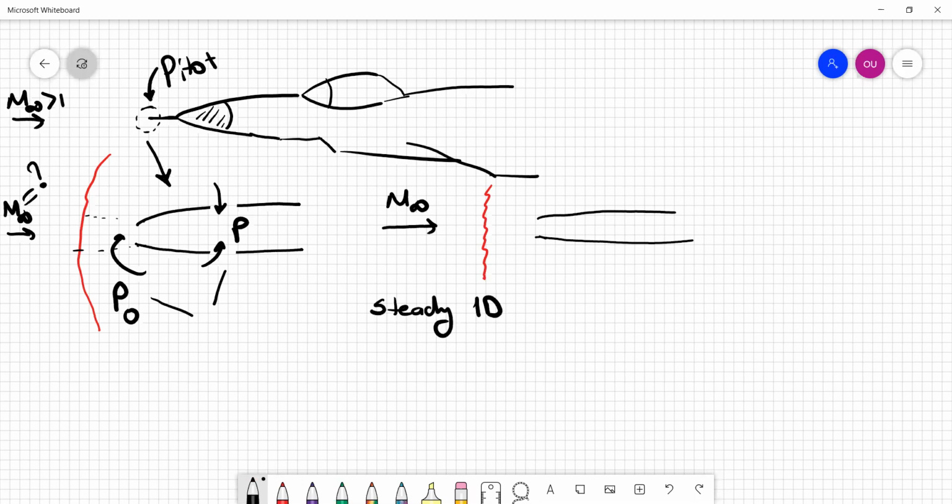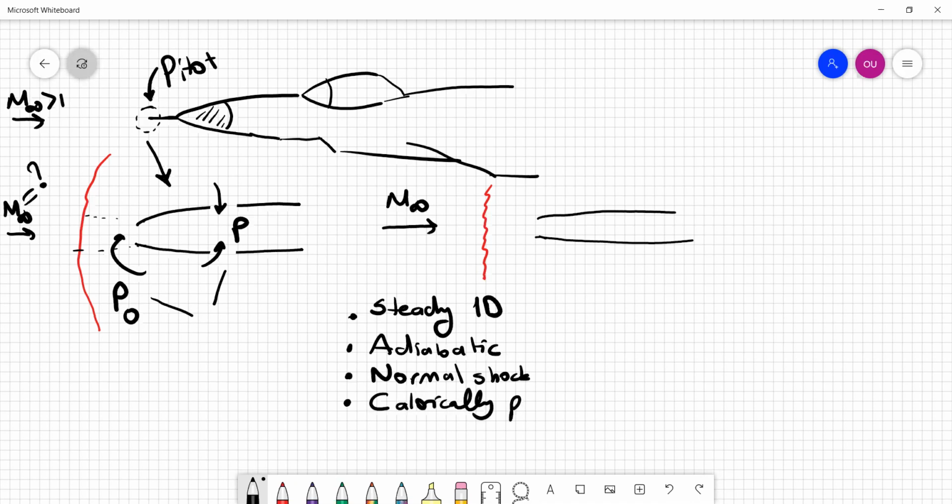It's a shock wave problem, so we assume this is an adiabatic flow. We approximated the curved shock as a normal shock wave in front of the pitot tube, and we would like to use certain relations. Calorically perfect gas is assumed.